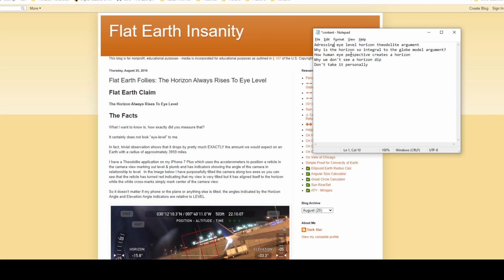But we're going to have a look at some low altitude examples of what is being seen when it's not actually a dip. And a final message will be to not take this personally. If you are a globe Earth defender and you have made certain claims or you have certain beliefs about the way things are, this is never intended to be a personal attack on anyone.